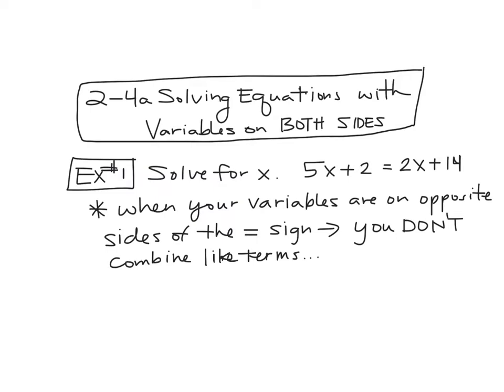What you need to do is you cancel them out on one side. So you're trying to get all the variables to one side of your equal sign. So it's still isolating the variable. It's just that you need to move everything over to one side first.